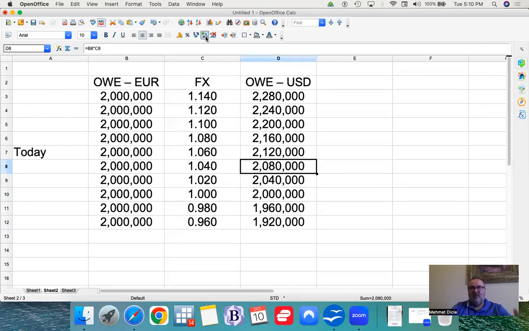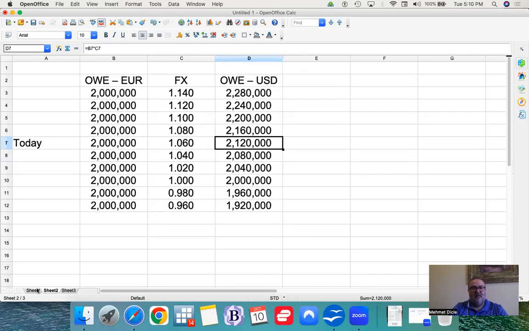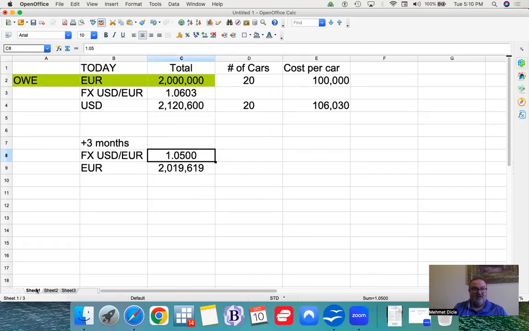And anything above and beyond this point is going to cost us, right? So what does that mean? Remember, when we get into this agreement, we are going to be selling these cars with a price tag on them, and as of today, we use this exchange rate to write these price tags on each car.